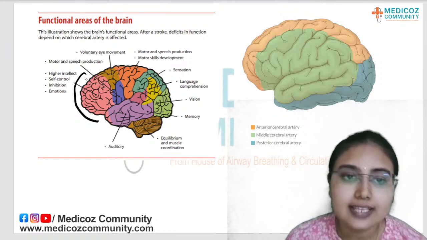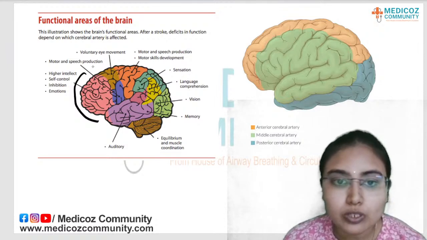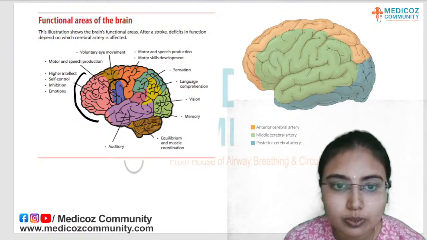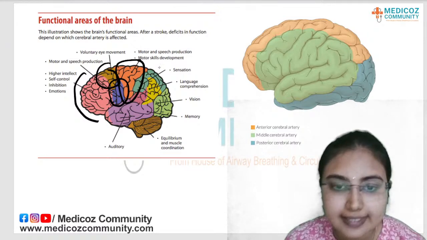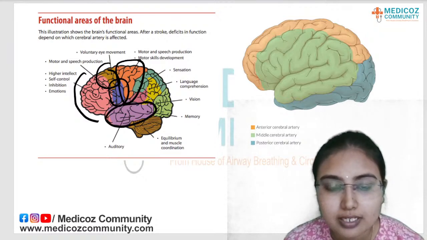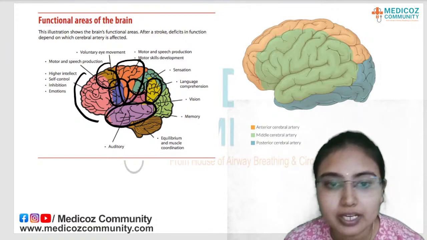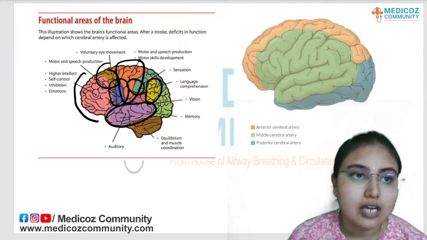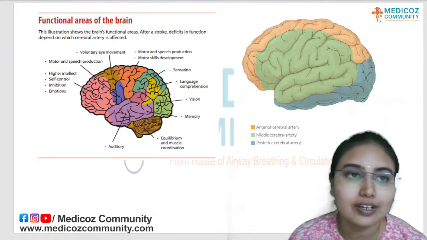So high intellect, self-control, inhibition, emotions is frontal. Your motor and speech are here in this blue area, your voluntary eye movement, and then you have your motor and speech production and skills development area. You have your memory in your temporal lobe part, and you have some sensations in this area, and your language comprehension. What do you mean by comprehension? That is your Wernicke's. Understanding what I am teaching you requires your Wernicke's area.